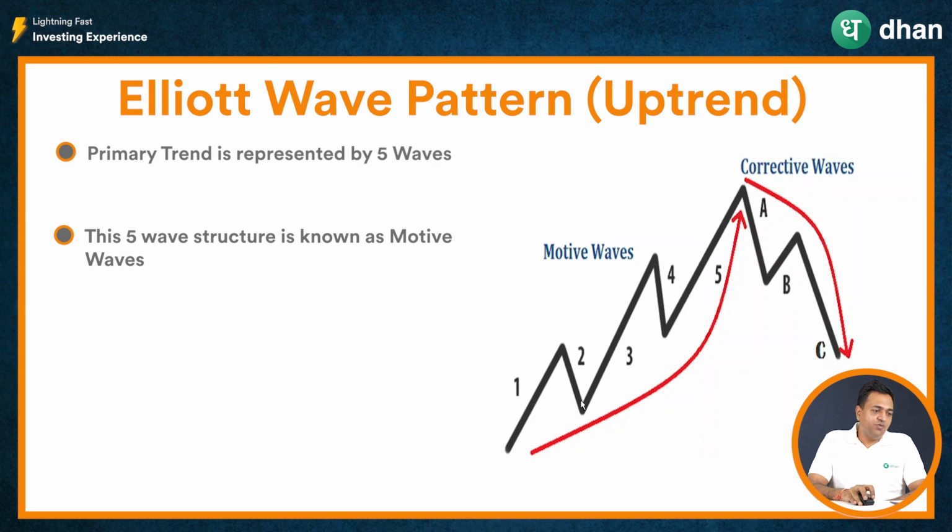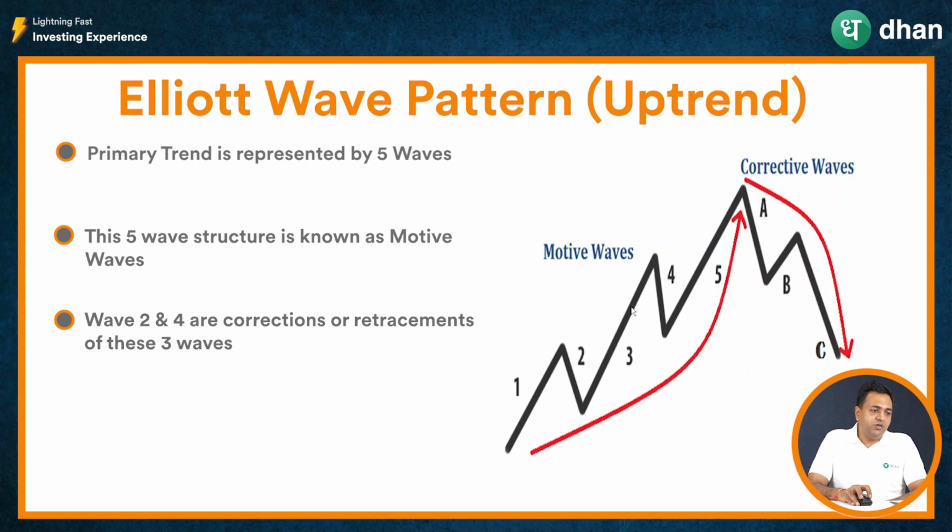This is wave number 2, wave number 3, wave number 4 and wave number 5. These 5 waves together are known as your motive wave, where wave 1, wave 3 and wave 5 are basically your primary movement, aligned with the primary trend. Wave 2 and wave 4 are corrections or retracements of these waves.